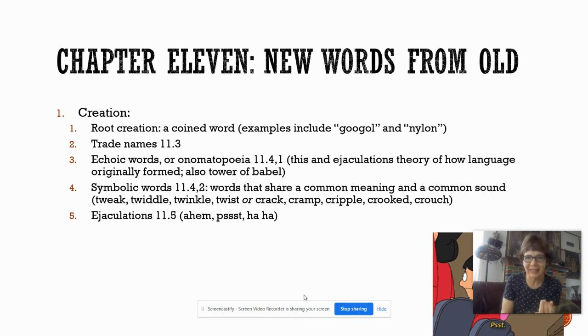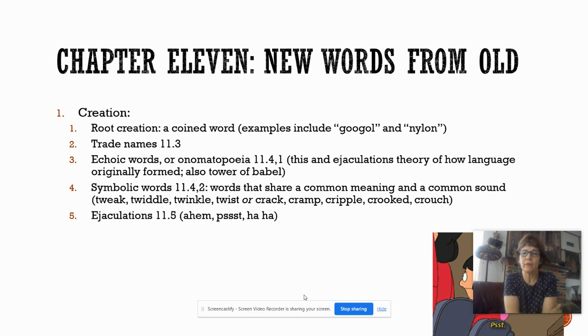One is just creating a new word. Another is combining, taking elements we already have and putting them together to create new words. Shortening words that already exist, blending together words that already exist, and then sometimes shifting from one part of speech to another. So we'll start with creation, how we create words.